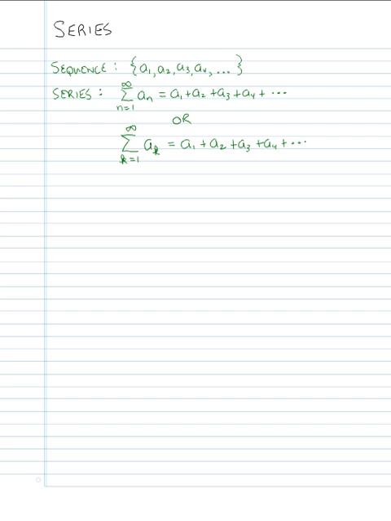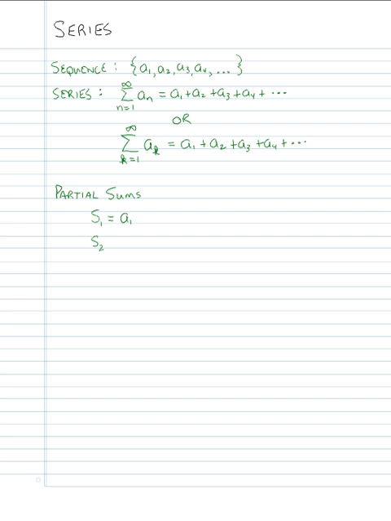Now, from this, we define what are called partial sums. What we see here is an infinite series, an infinite sum. And we want to talk about partial sums, so we're not adding infinitely. Partial sums are generally indicated with a capital S. For instance, capital S subscript 1 means add the first entry, so it would just be a sub 1. That's all there is to it.